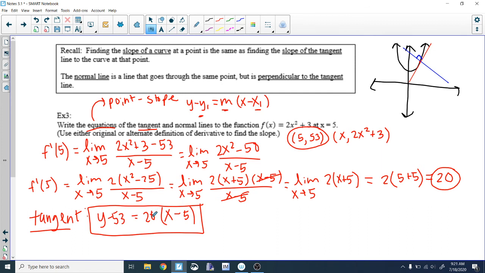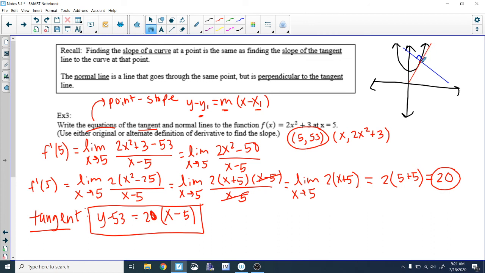My zeros always look like 6s on here. It's a 20. Again, you can leave your answer in this form if you're one of my students. It's an equation of this line, right? It's saying that this tangent line goes through the point 5, 53, and has a slope of 20. So it gives you everything that you need.